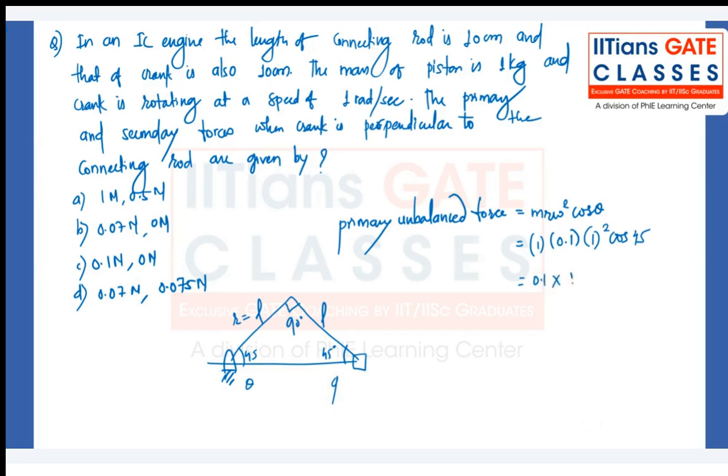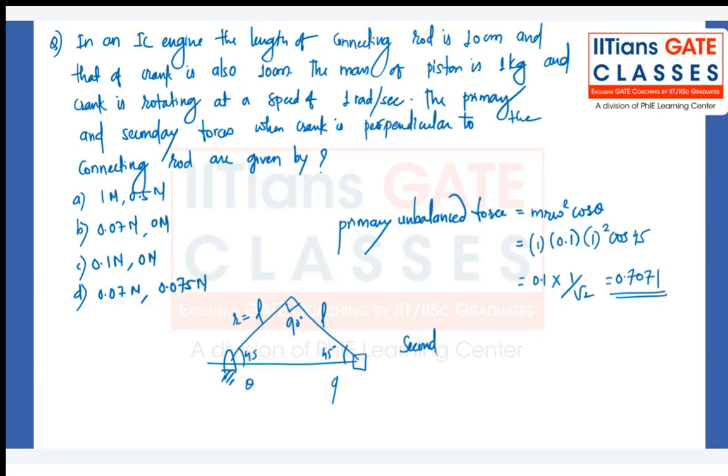So 0.1 into 1 by root 2. Try to solve. 0.1 divided by root 2 is 0.07071. Okay, so that is the answer.